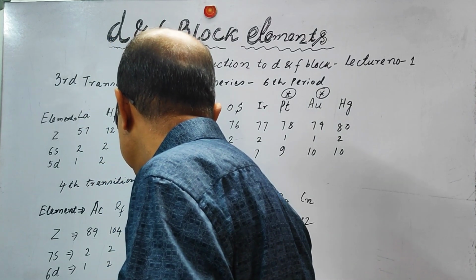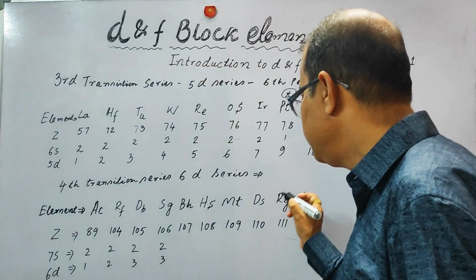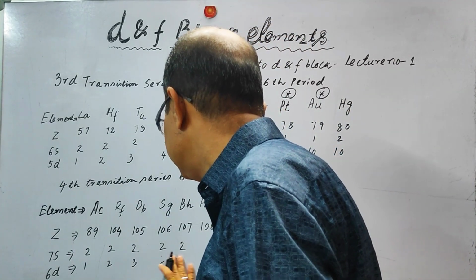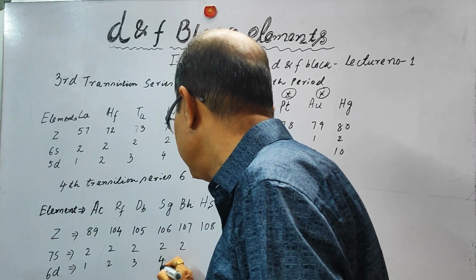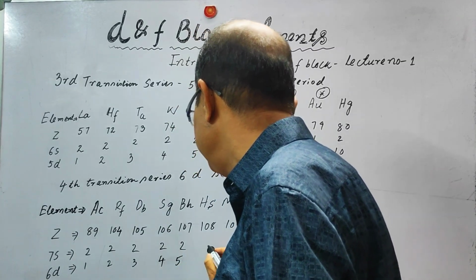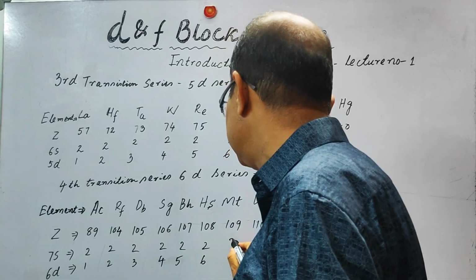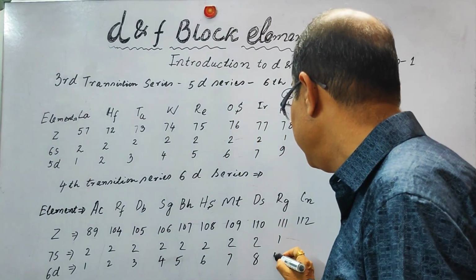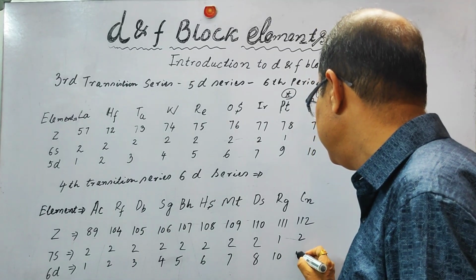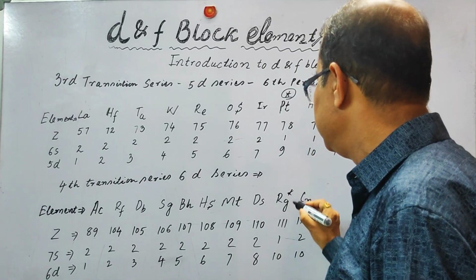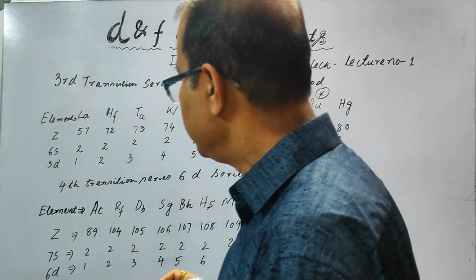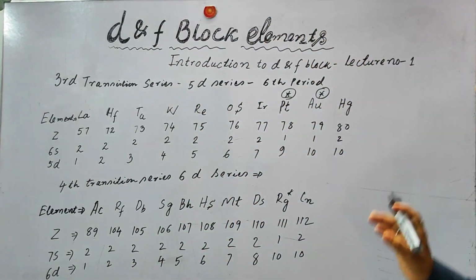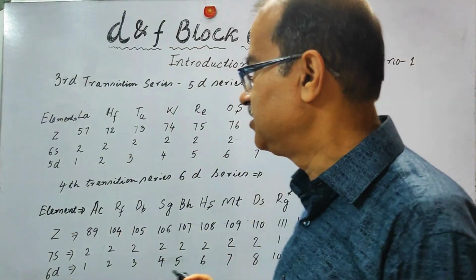There is no such exception you can see except in Roentgenium: 8, 1, 10, 2, 10. So the exception is only in the case of Roentgenium; you can see all other electronic configurations are the same. There are no such exceptions.